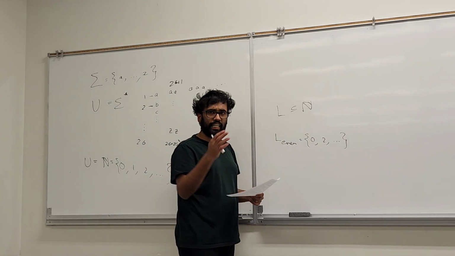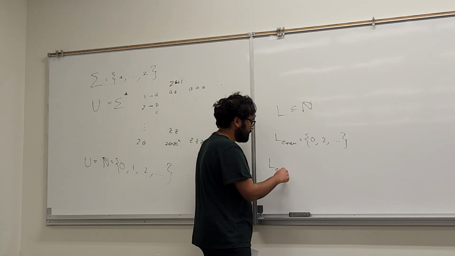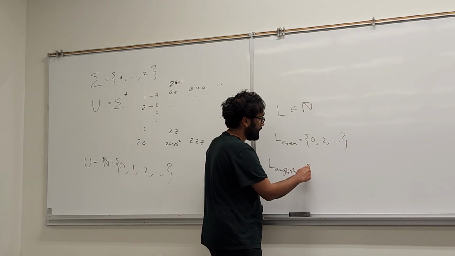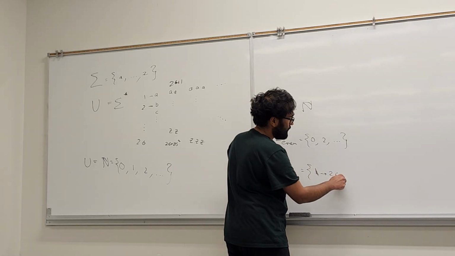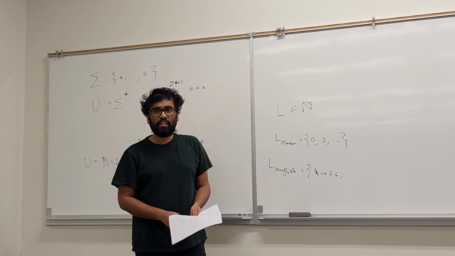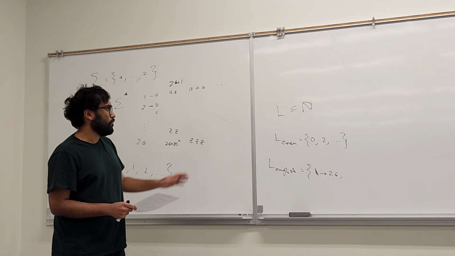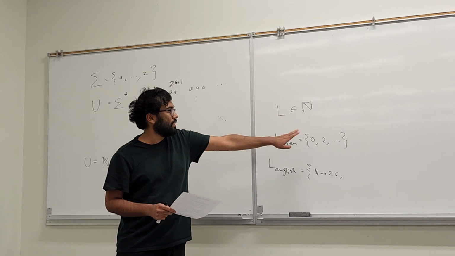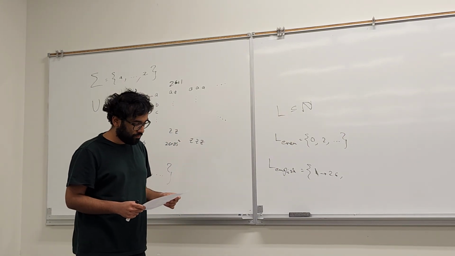And finally, English is also a language which will contain A, B, C, D. So 1 to 26. Then it will contain the number representation of words such as cat, dog, and so on. Okay. So language is just a subset of N. Makes sense.